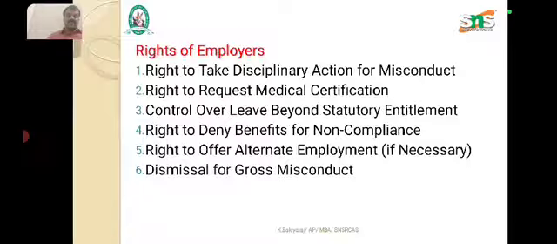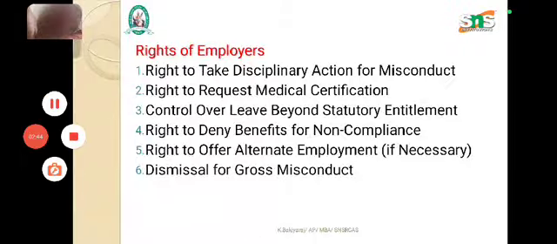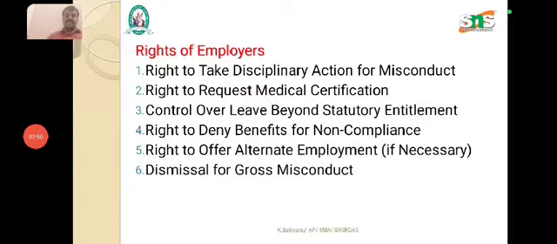Right number 6 is the right to dismissal for gross misconduct, where workers avoid or overrule the policies, structures and principles. So these are the rights of the employers.